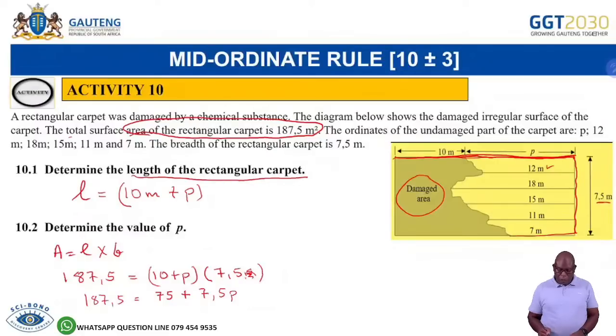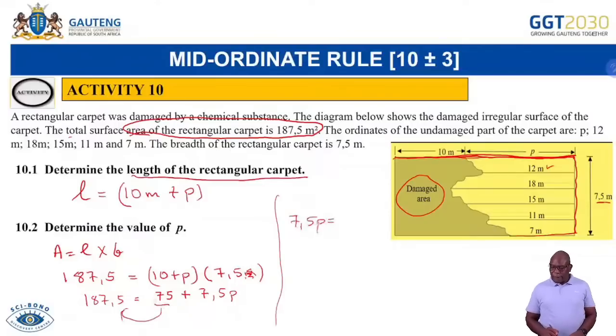equals 187,5. So to solve for p, I'll have 7,5 p equals, if I take this one to this side and subtract it, then I'll get, let me just quickly do that, 187.5 minus 75, and the answer that I'll get there is 112,5.